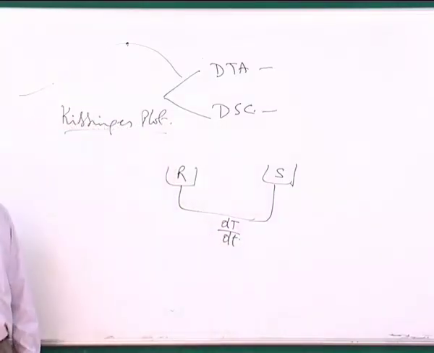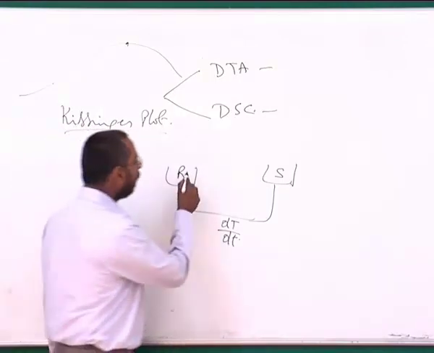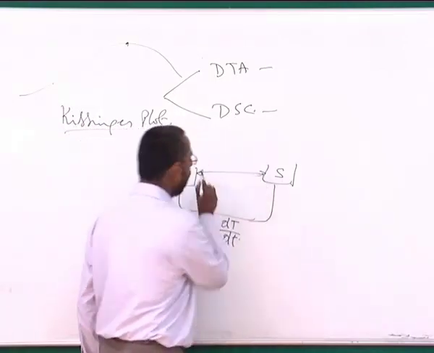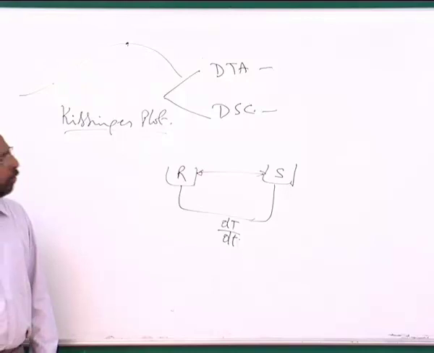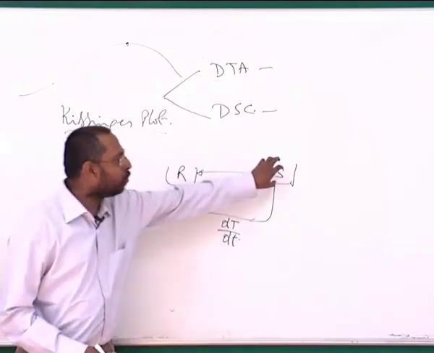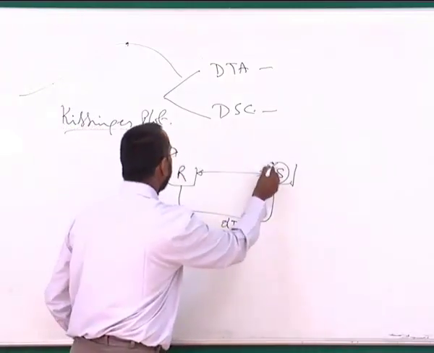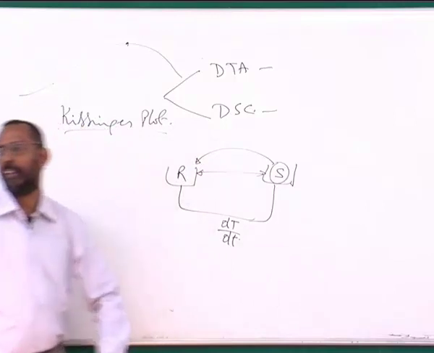But what you are measuring, your interest here, is to maintain the temperature of these two exactly the same. So you try to measure the enthalpy that I need to supply to this material in order for the sample to maintain the same temperature as that of the reference.